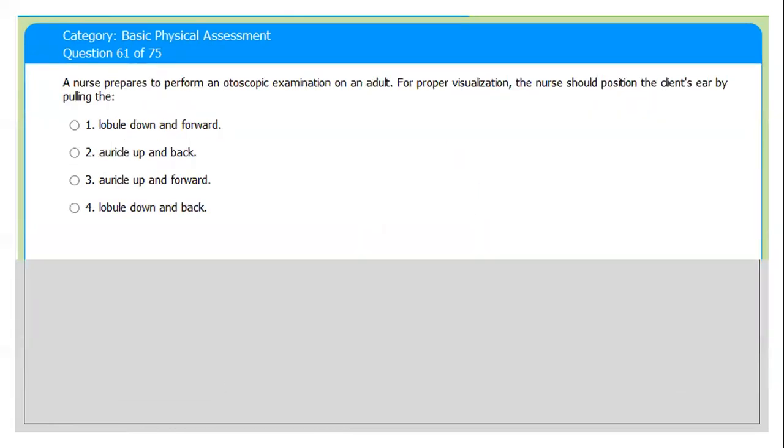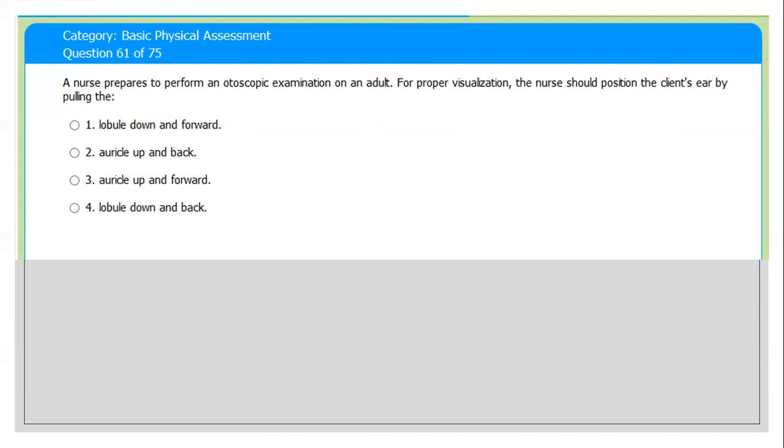Next question. A nurse is preparing to perform an otoscopic examination on an adult. For the proper visualization, the nurse should position the client's ear by pulling in what position? Right?